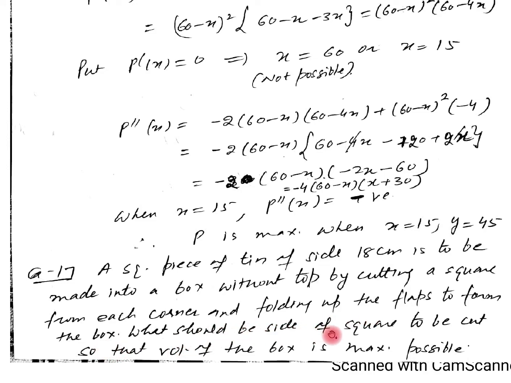What should be the side of the square to be cut so that the volume of the box is maximum possible? Read the question again. A square piece of tin is given, side is 18 centimeters. From each corner we are cutting a square and folding up the flaps to form the box. What should be the side of the square to be cut so that the volume of the box is maximum possible? Now let us see the solution.